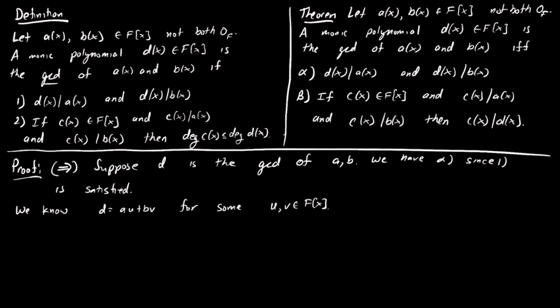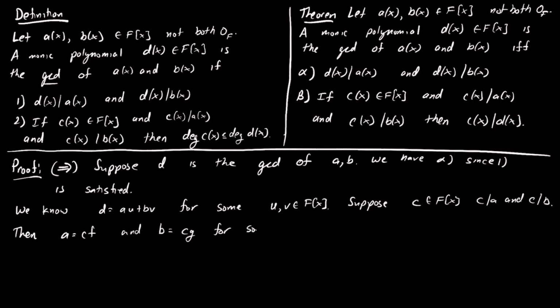What I'm going to do is suppose that C is in F[x], and C divides A, and C divides B. Okay, well, then from earlier, it's going to look like the last proof. I know that A can be written as CF, and B can be written as CG for some F and G in F[x], right?